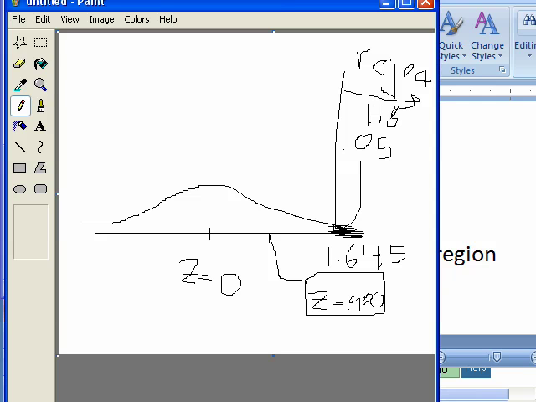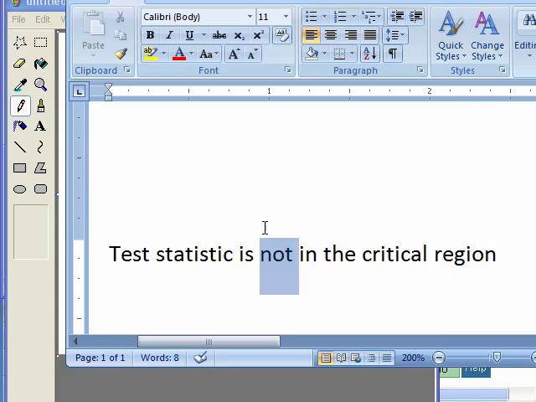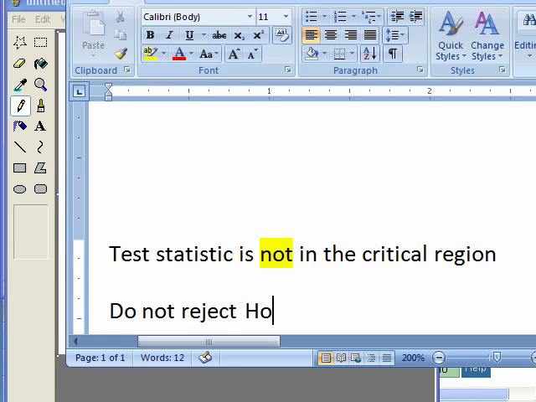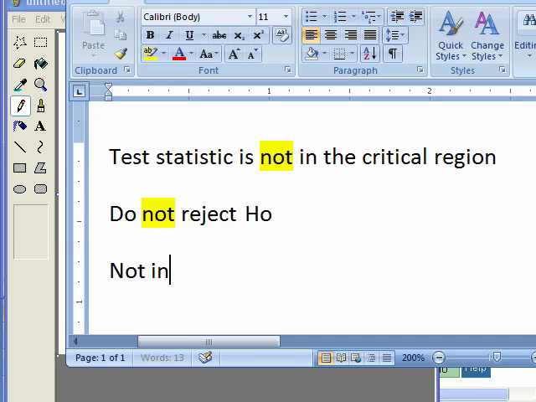Okay, so I'm going to reject H naught. Well, that's not the case. Our test statistic is not in the critical region. So since it's not in the critical region, guess what's going to happen? Then I'm going to say do not reject H naught. Do not reject H naught, not in favor of H1.